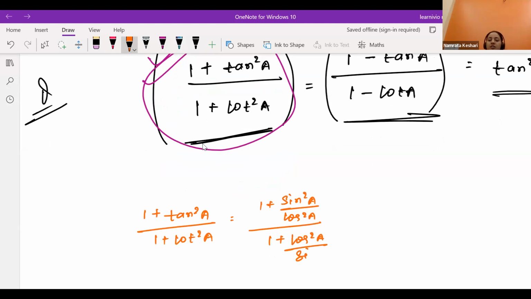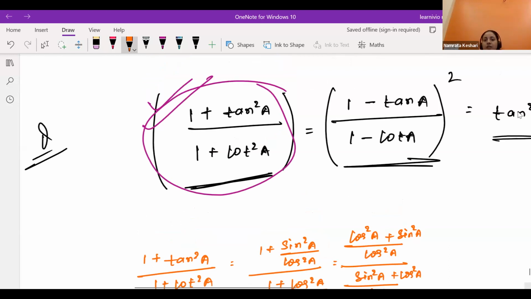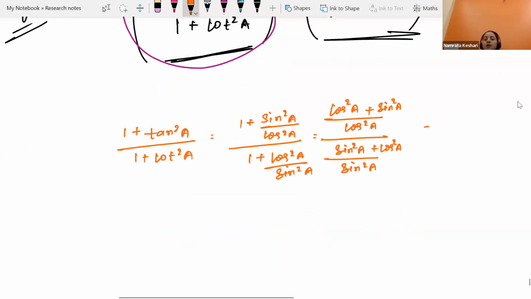Now you must have simplified the numerator and denominator. In the numerator, the LCM is cos square a, giving cos square a plus sin square a. In the denominator it is sin square a, with sin square a plus cos square a. Since sin square a plus cos square a is 1, you get just tan square a.